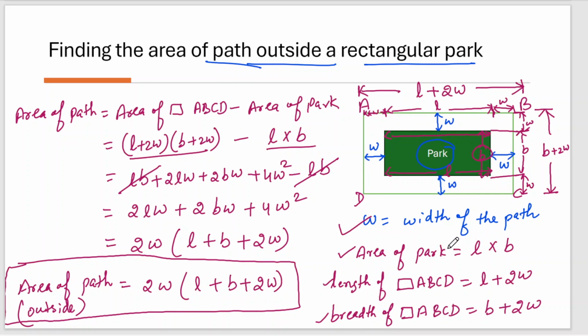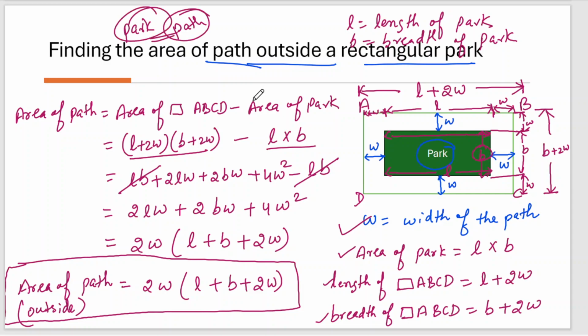L is the length of the park. And B is the breadth of the park. Don't get confused with the park and path. So I hope you have understood this concept and you just have to remember this formula. Okay. Next.